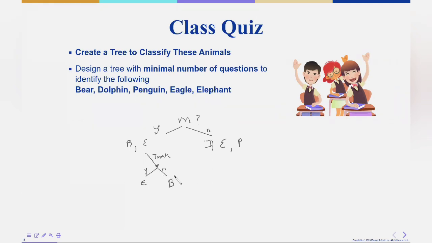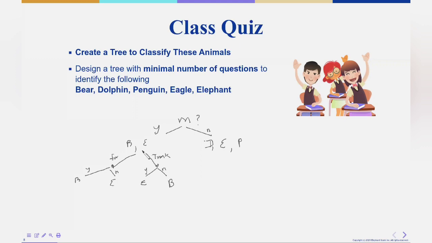The other one you can say is tropical maybe. Tropical or fur. Elephants don't have fur. So let's say the next question you can ask is fur. If yes, bear; if no, elephant. You get the idea. Or you can do carnivore or not.